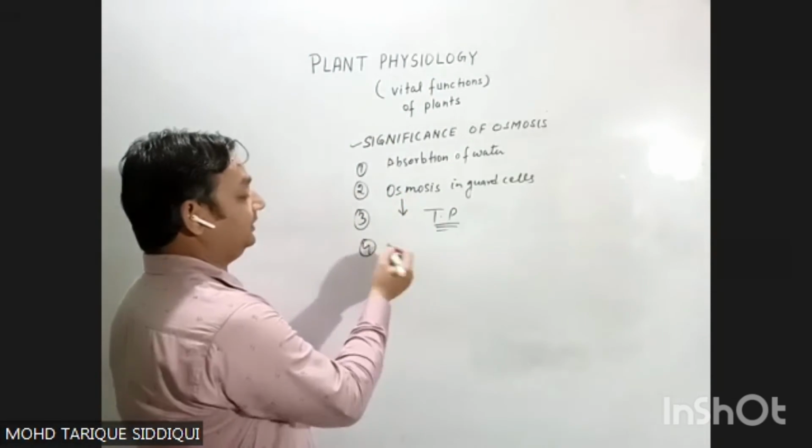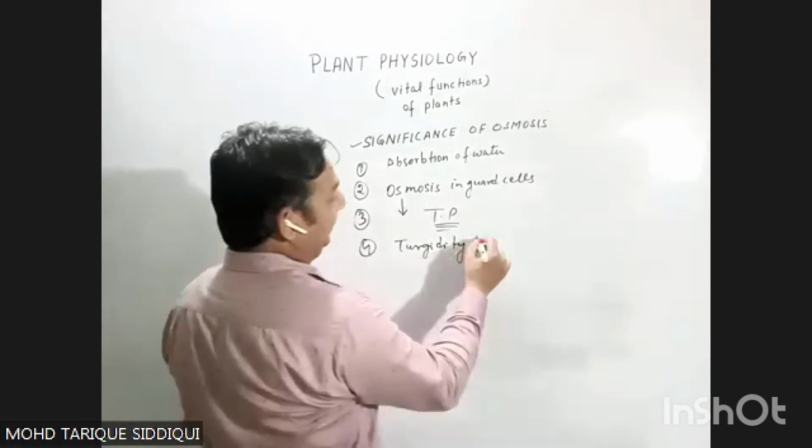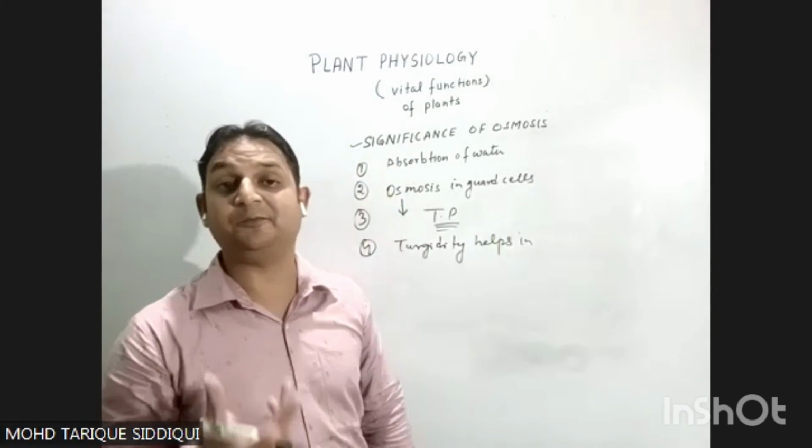Then, turgidity helps in growing the radicle and plumule. In class 9 you have studied the radicle and plumule.